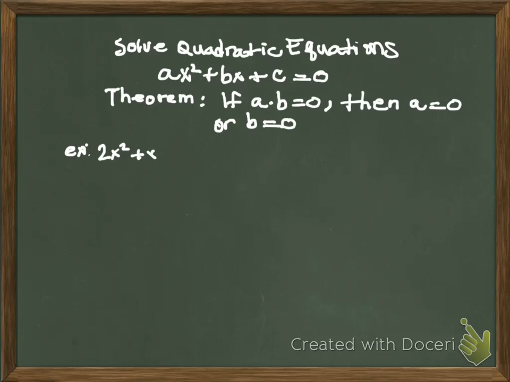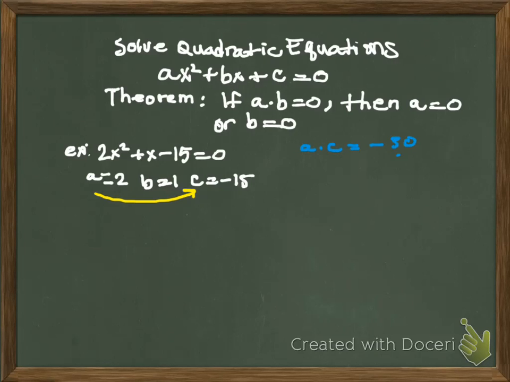Let's try 2x squared plus x minus 15 equals 0. Okay, first we have to factor the trinomial 2x squared plus x minus 15. So, writing out our coefficients and multiplying a times c, which is 2 times negative 15, means that we are finding the factors of negative 30 whose sum is 1, which is our middle coefficient.